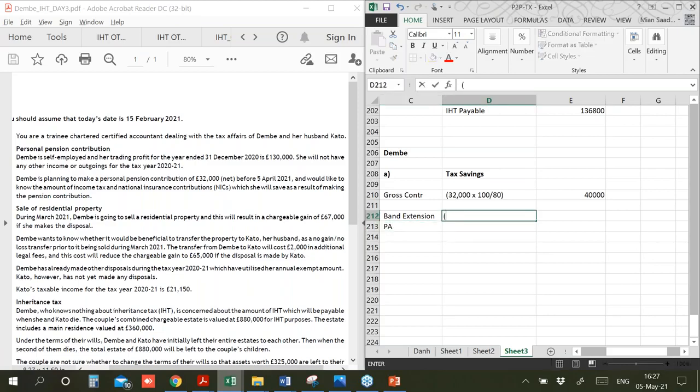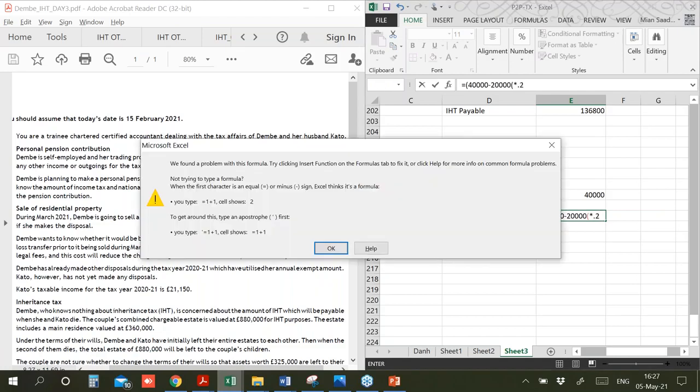From band extension, 40,000 worth of income will now be taxed at 20,000 times 20%. It will be 8,000. If you want to apply a formula, you can: 40 minus 20 times 20%.